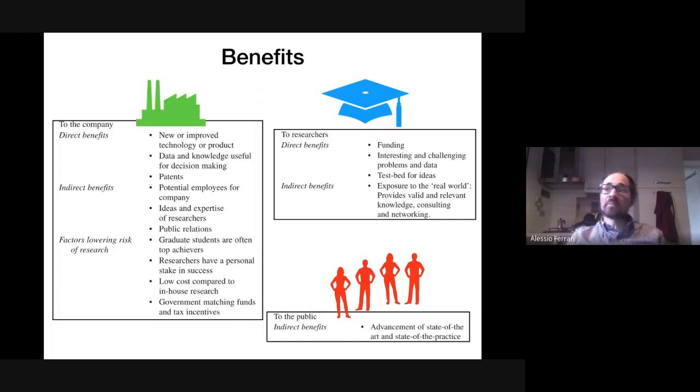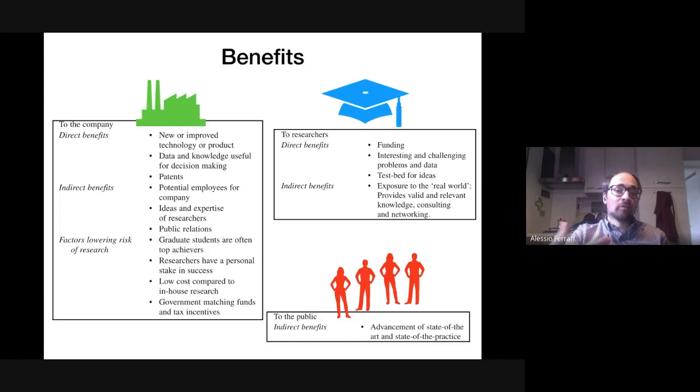So like medium-sized companies, they can use researchers to explore possible developments, possible alternative paths for the development process or modification to the development process by leveraging the knowledge of the researchers. Or they can have a direct benefit because in their company you can develop something that leads to a patent.